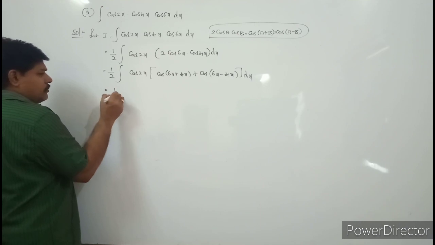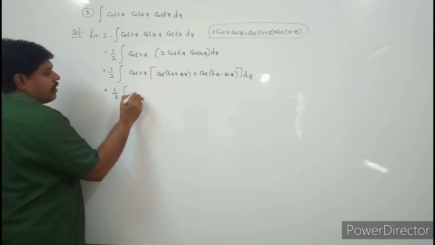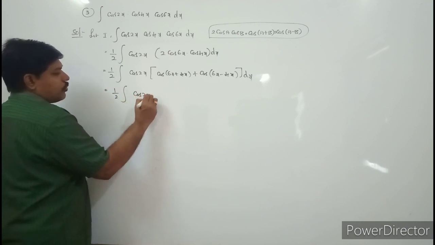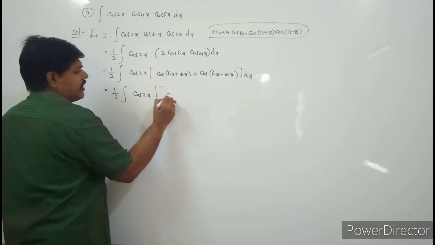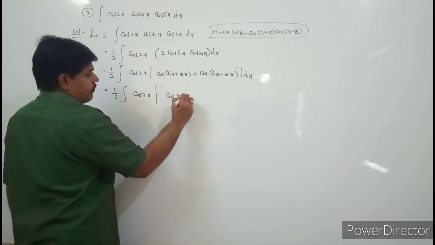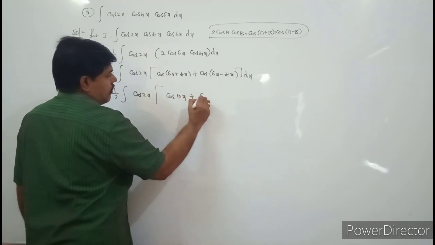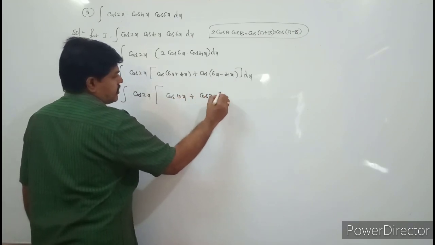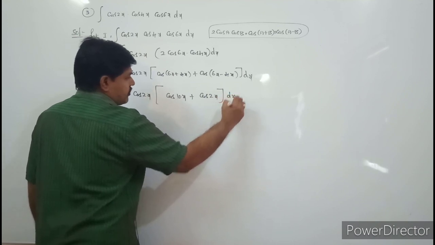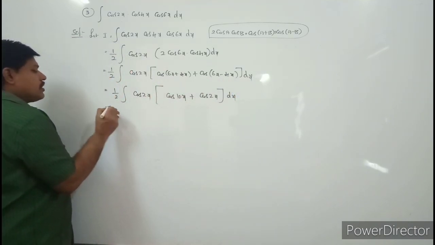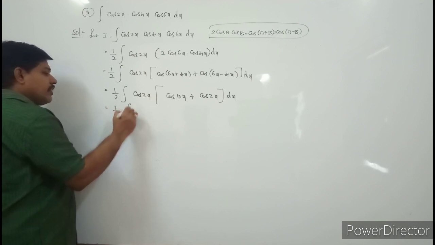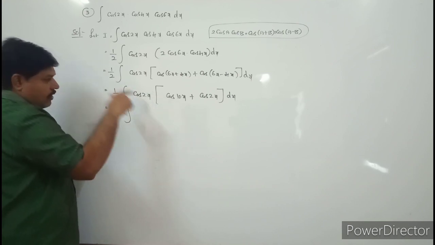That is equal to 1 by 2 into the integral of cos 2x into cos 10x plus cos 2x into dx. So cos 10x, cos 2x. Multiply that with the cos 2x.